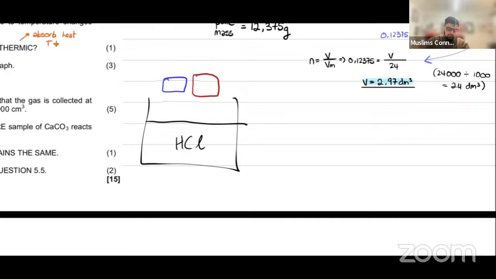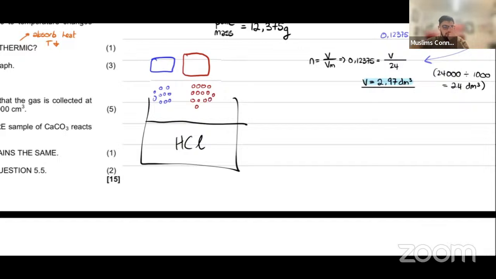Here, when we change to the red one, we are increasing the surface area of the reaction. So even if it's a block solid like that, or even if it's particles, 1, 2, 3, 4, 5, 6, 7, 8, 10, just say there's 10 there. And here we have 14.